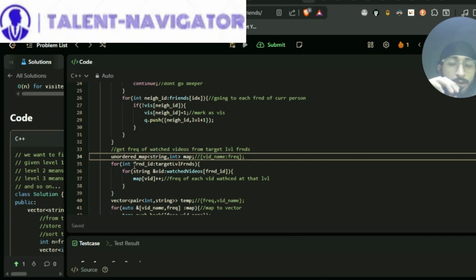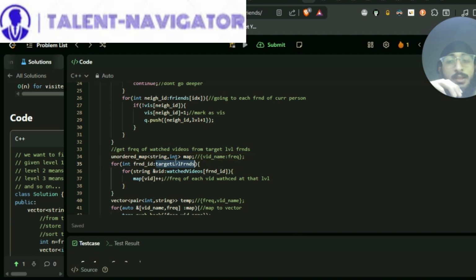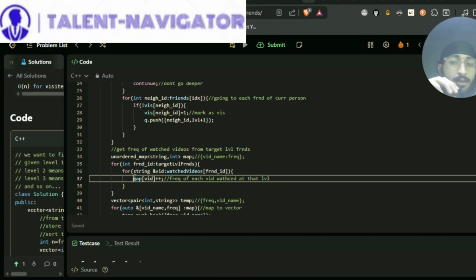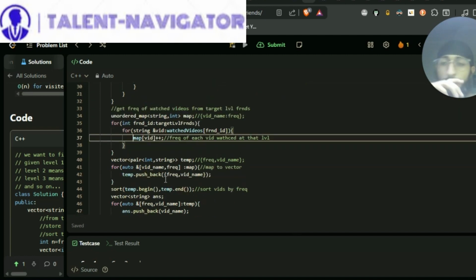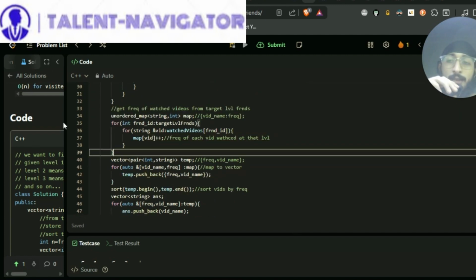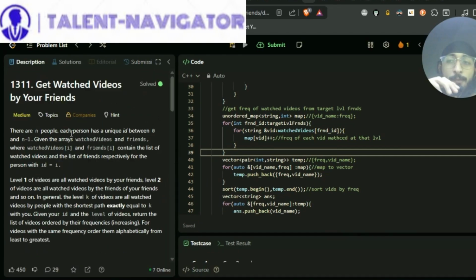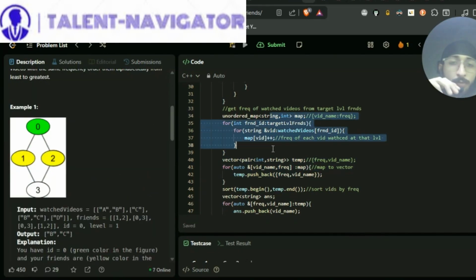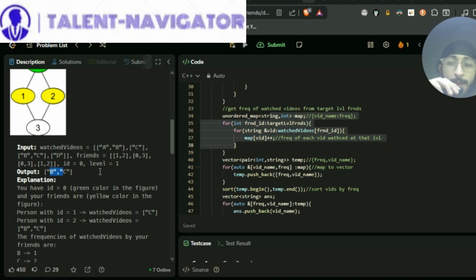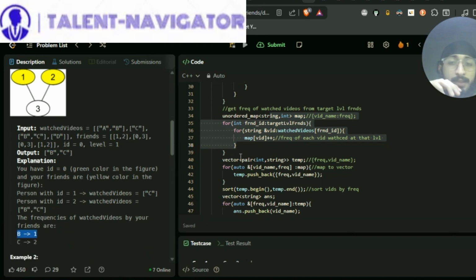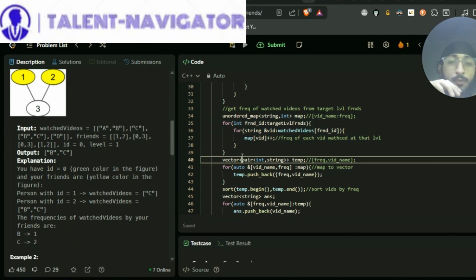Going over each friend id in the target level friends, we iterate through the watched videos of the friend, and increase the counter or the frequency of each video watched by the friend at the final level. After this loop, for this example, let us say the map would have stored b equal to 1 and c equal to 2.